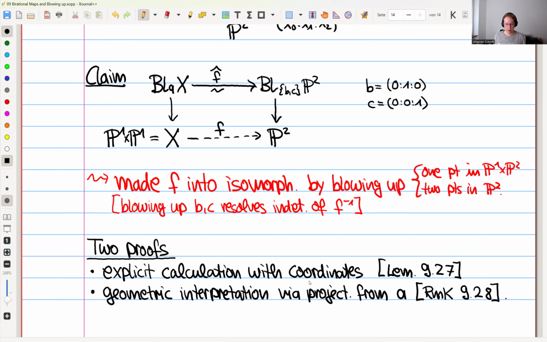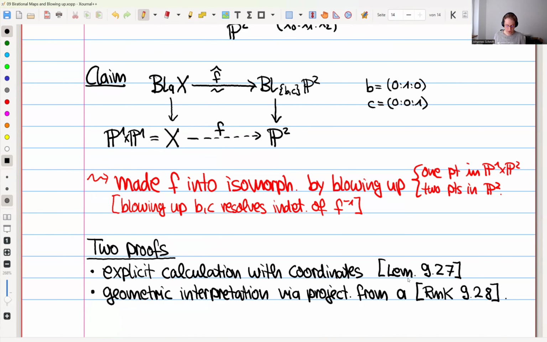So basically, you can imagine when you do these blowups, you have all kinds of local charts. You define them by some equations, and then you can just look at what this map F does in equations, and then show that both this map and its inverse make sense after you do all these blowups. This is the style of proof here.